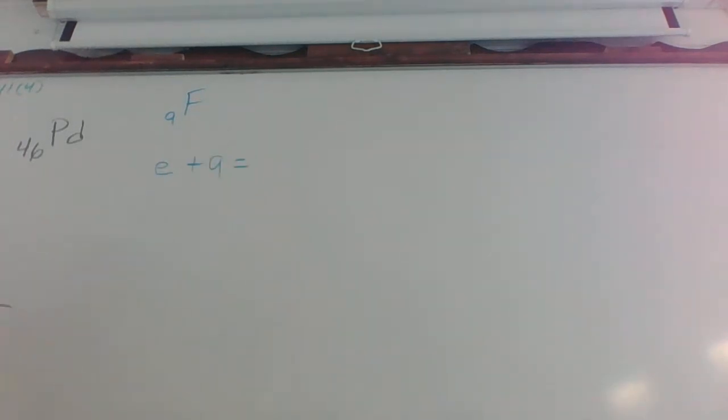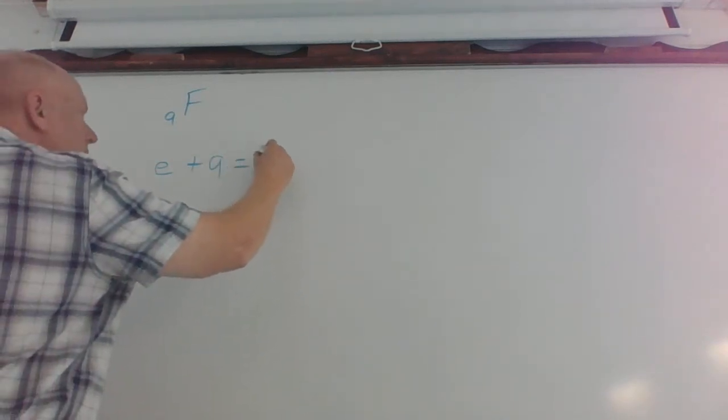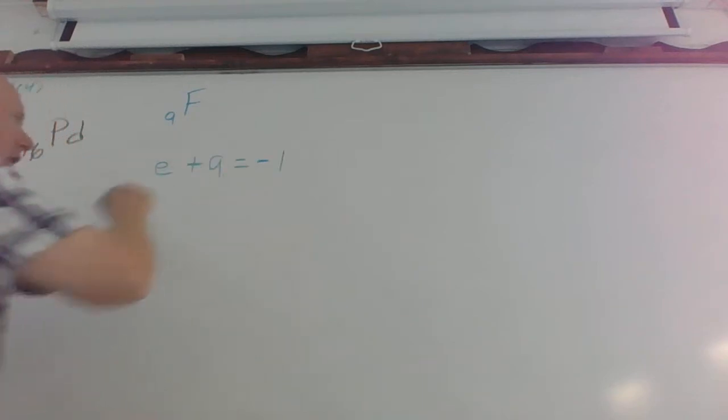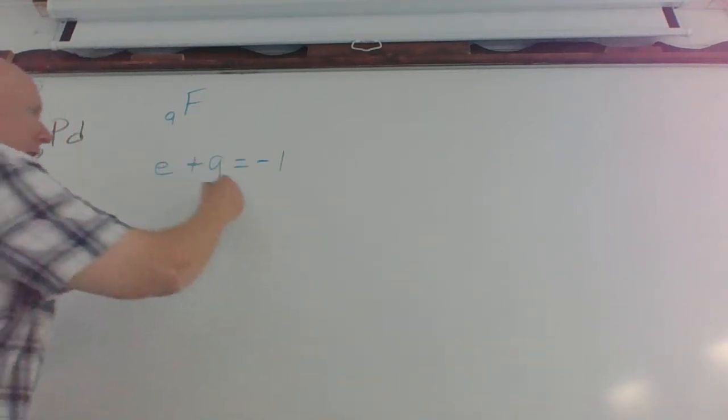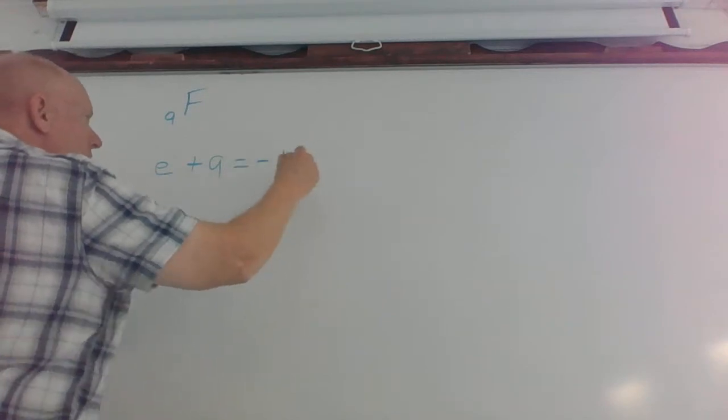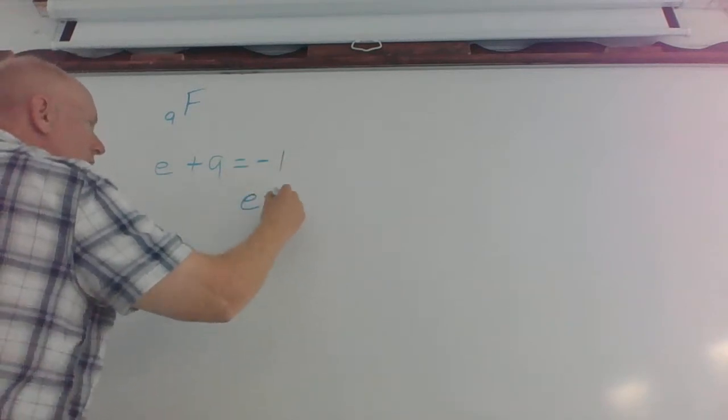What type of charge does fluorine form? Okay? How do we get E by itself? If you subtract that from this side, then they cancel, then E equals what?